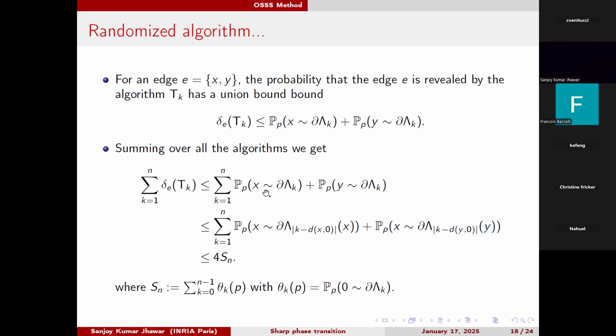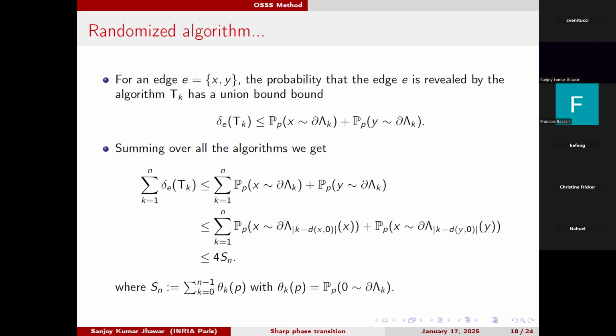The probability that there exists a path from x to the boundary of lambda k is nothing but, if you draw a box of size k minus some value that depends on the distance from x to 0, the L1 distance from the origin to the point x, then you can draw a box around x and ask the same question: is there a path from the center of the box, that is x, to the boundary of the box?